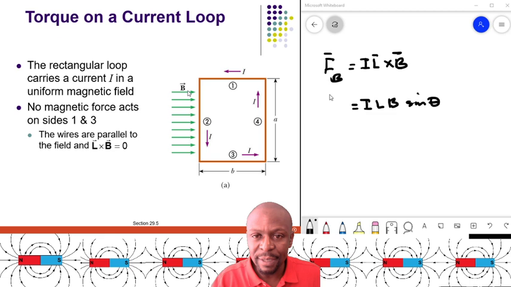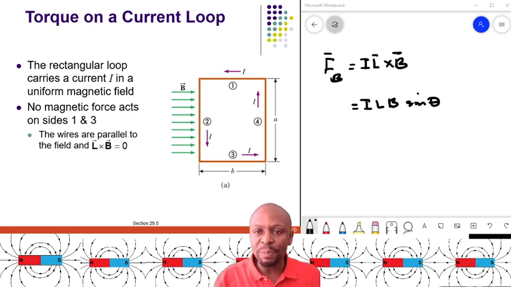They are parallel or anti-parallel. Now, what is the sine of 0? What is the sine of 180? It's just 0. Therefore, this is just going to give us 0. The wires are parallel to this. L cross B will just be 0 because of the sine of theta between the L and B.